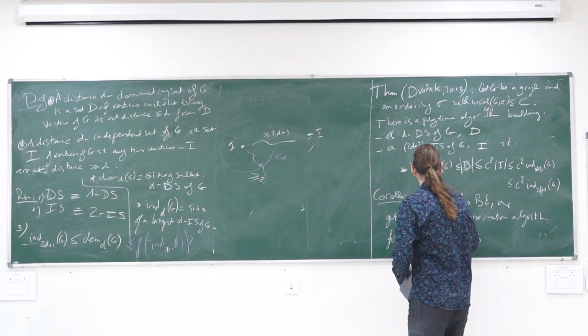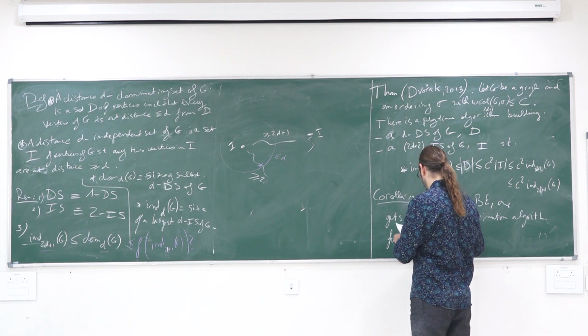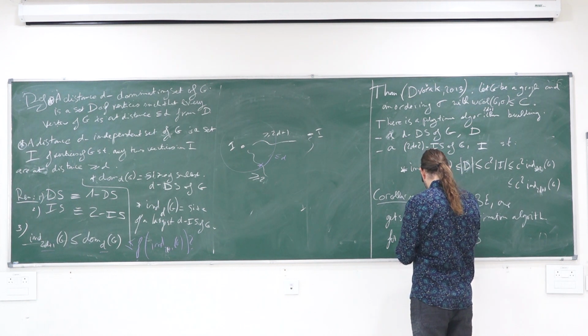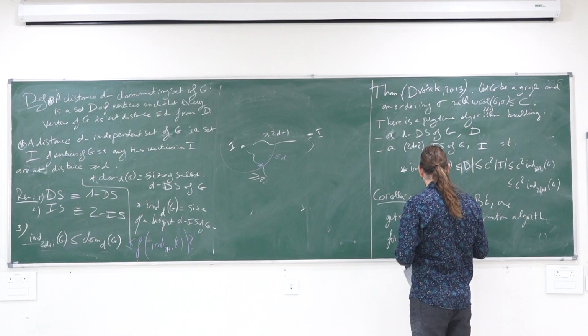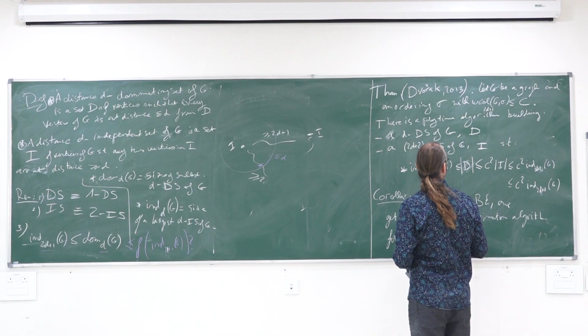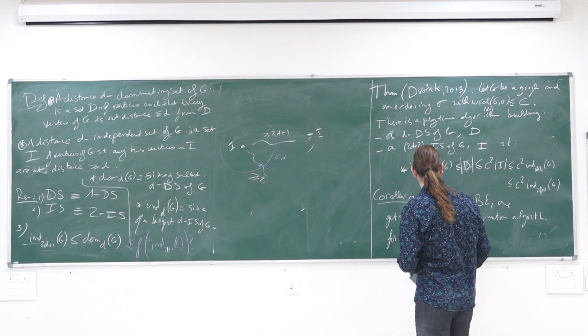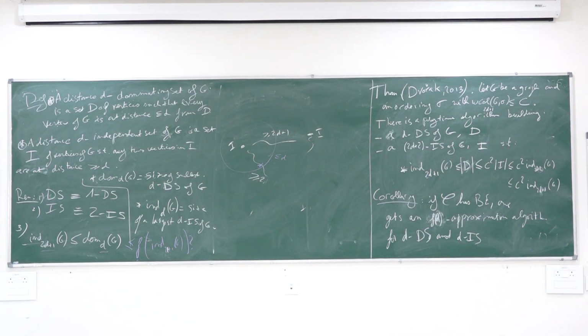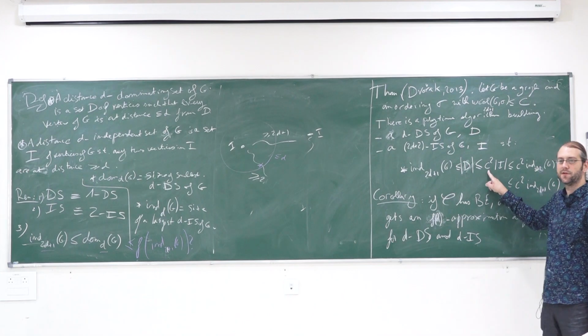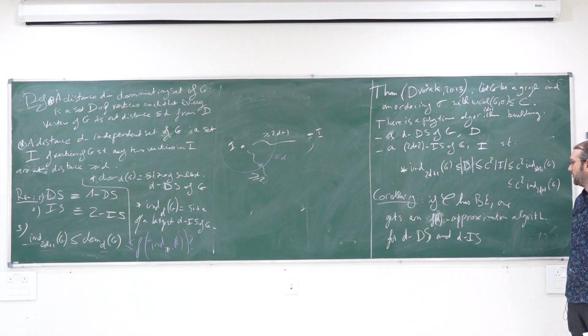Well, O of 1 is maybe, this will depend on d. If d is constant, it's a constant. Because we know the weak coloring number, the c in a class of bounded expansion, will depend on d.